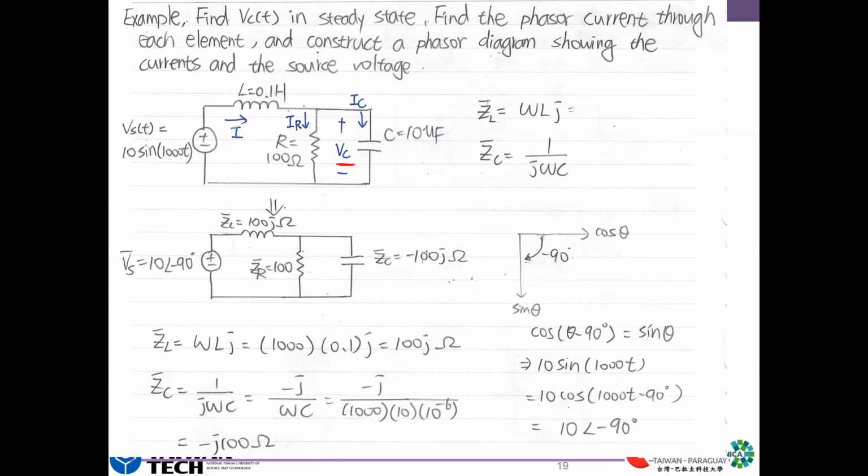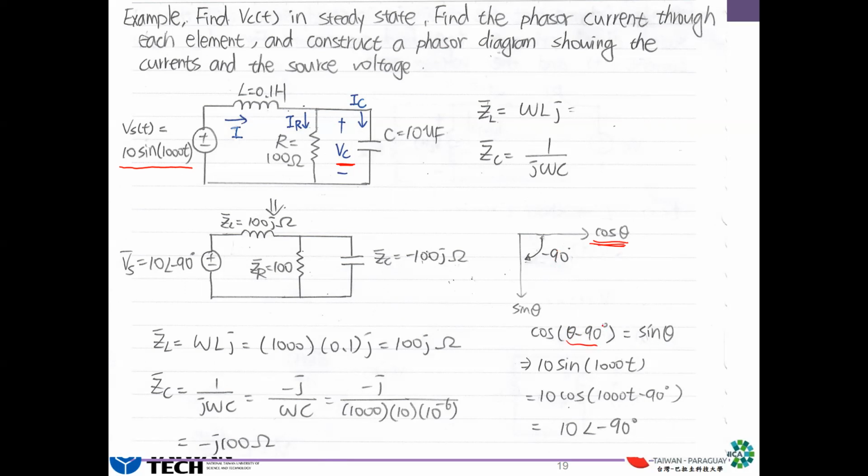Okay, so first you are given this and you need to convert everything into phasor representation and impedance. And since the source is given by a sine function, we need to perform this cosine sine conversion. We always start from cosine. Cosine of theta minus 90 degrees equals sine theta.